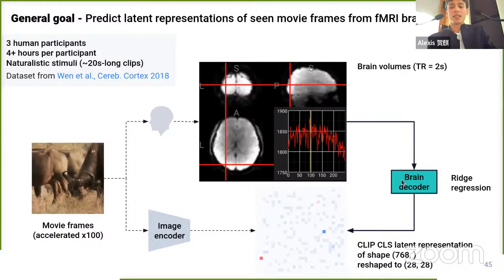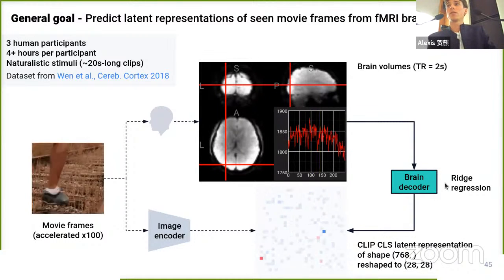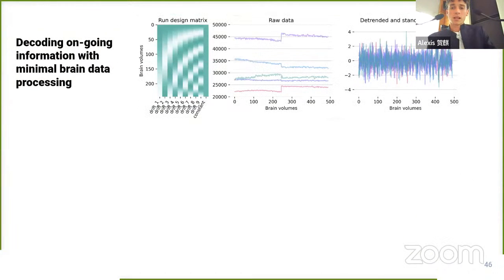Maybe one key ingredient here that I'd like to precise is that we use rather simple brain decoding models, namely linear models, in this case, ridge regressions. In contrast to other decoding efforts that are being pursued at the moment, we strive to decode ongoing information, so on the fly.